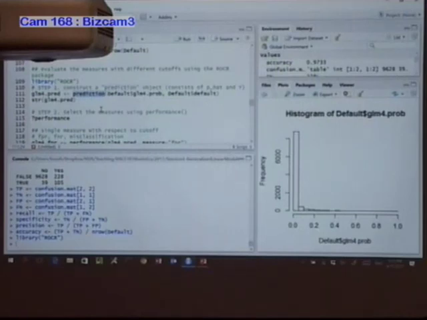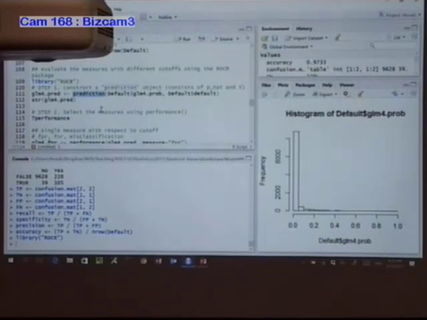Prediction is to construct an object with two columns of data: the true Y's of each point, and the probability you have been predicting on these things. Right? So that's the output from the logistic regression. You should have the true Y's and the probability prediction.